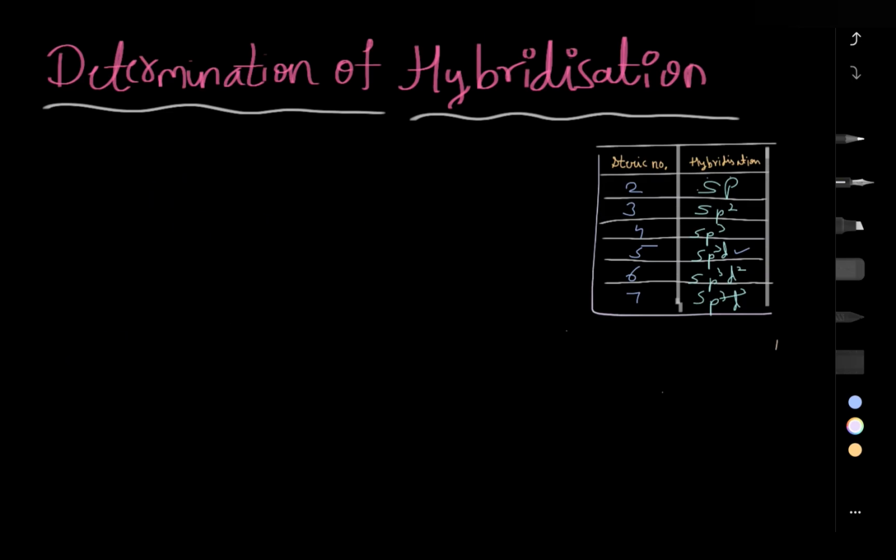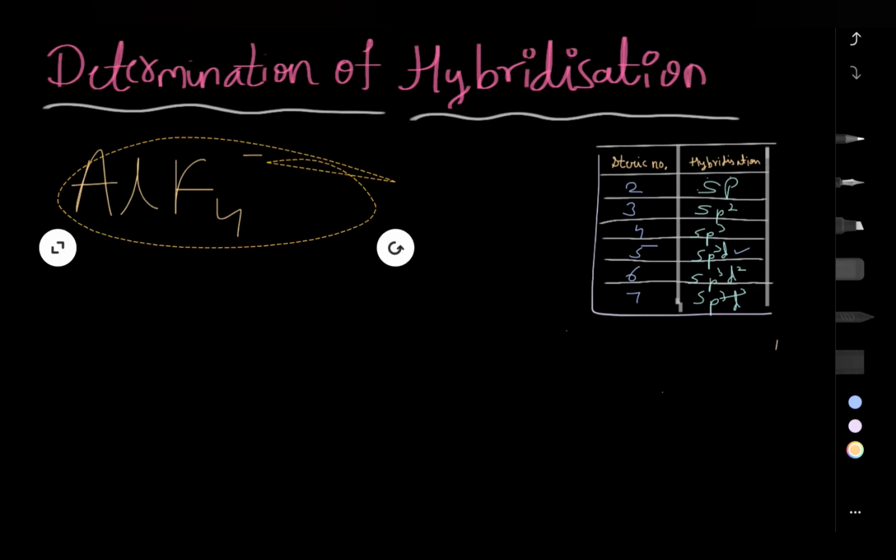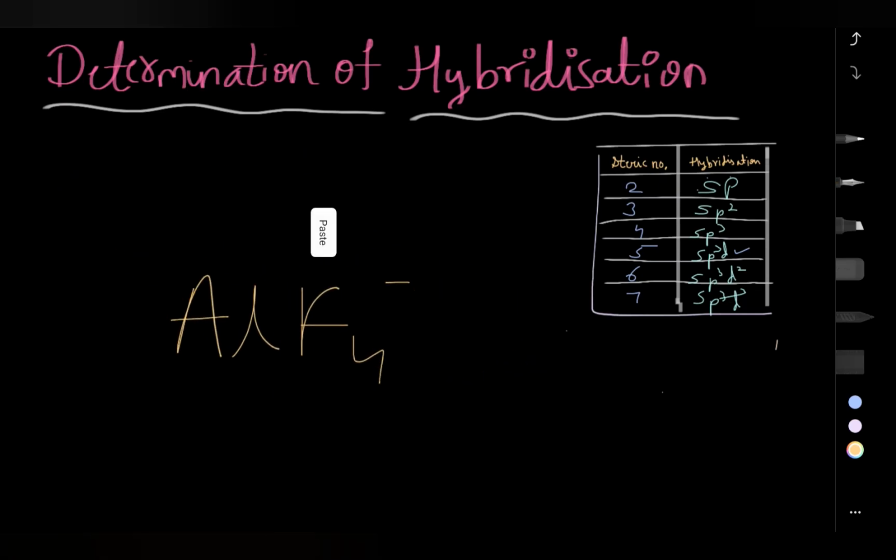Okay, let me take an example of AlF4 minus. Now how to do this? Aluminium has how many electrons? 3 valence electrons.